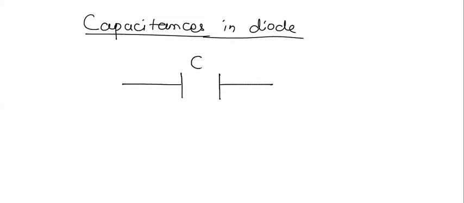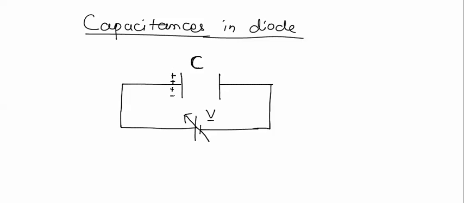Now we know that this is a capacitor, but if we want to check that really it is a capacitance, then it should behave in this manner: if we change this voltage V applied across this capacitor, then the charge deposited on the plates of capacitor should also change.